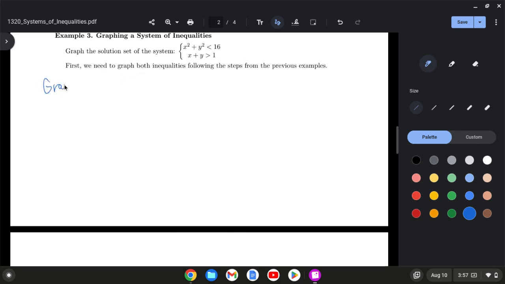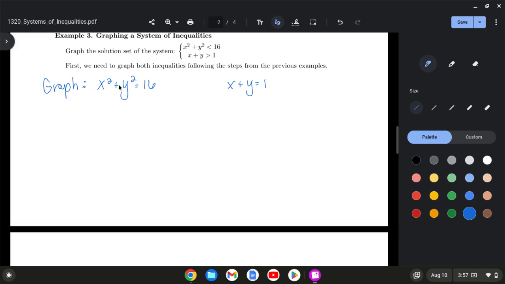So remember, in order to graph them, we're going to change these to an equal sign. So we'll graph x squared plus y squared equals 16, and then the same thing for x plus y equals 1.